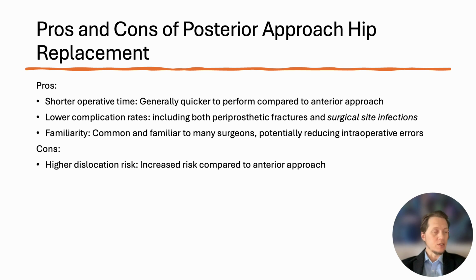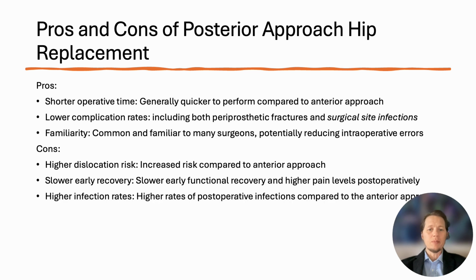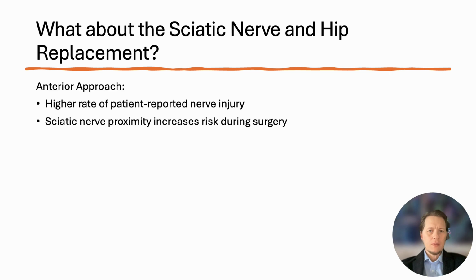The problems with posterior, which is huge, I've seen a ton of these: dislocation shortly after surgery, a much longer and slower recovery compared to anterior approach, higher pain levels, and some studies showing a higher rate of general post-op infections, not surgical site, compared to the anterior approach.